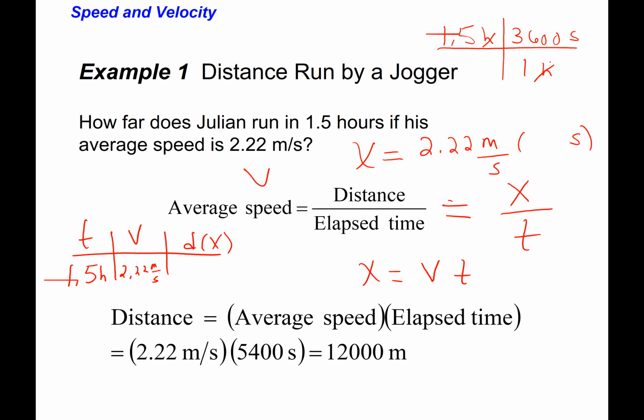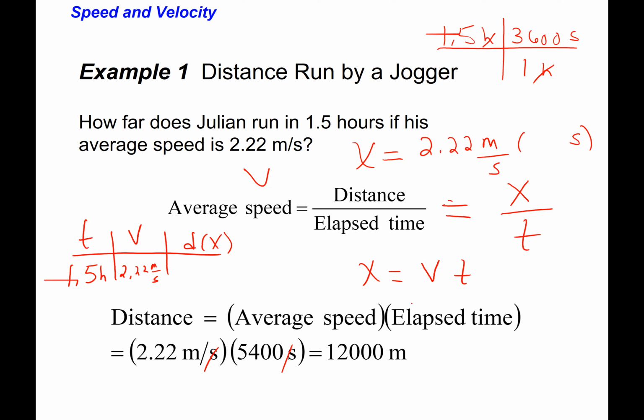So when that cancels out and we multiply 1.5 times 3,600, that's where we get the 5,400 seconds. Then when the seconds and seconds cancel, my answer will be in meters.